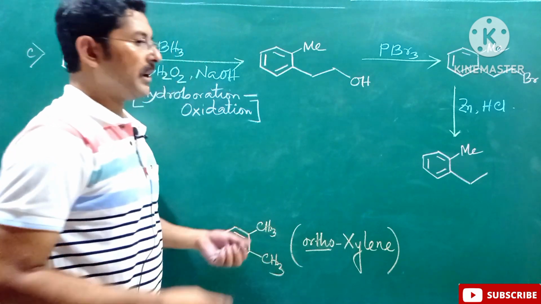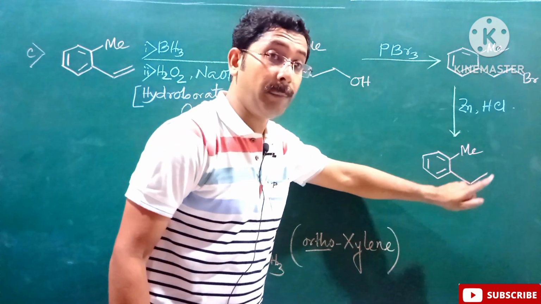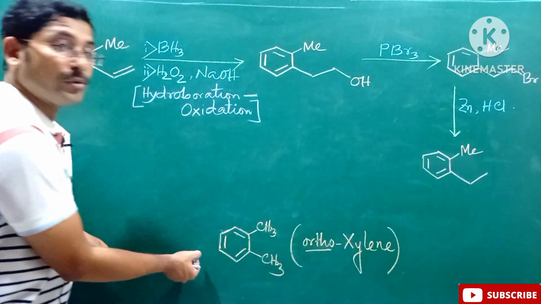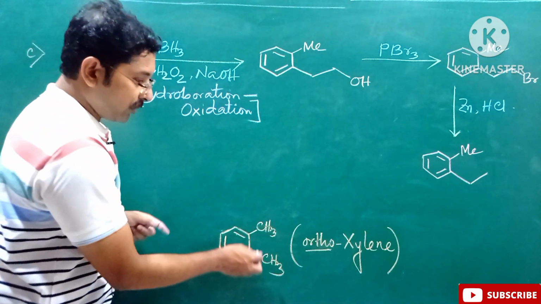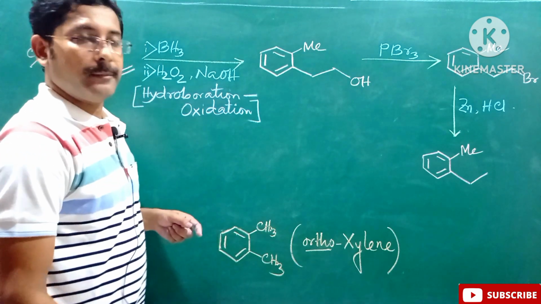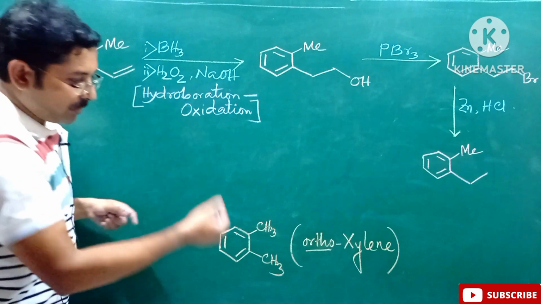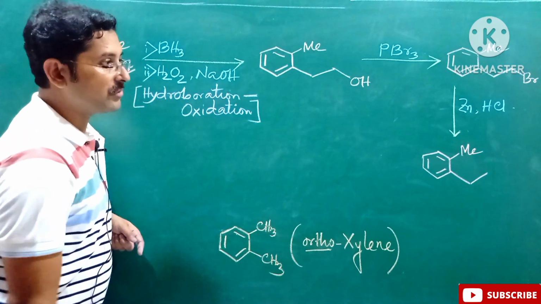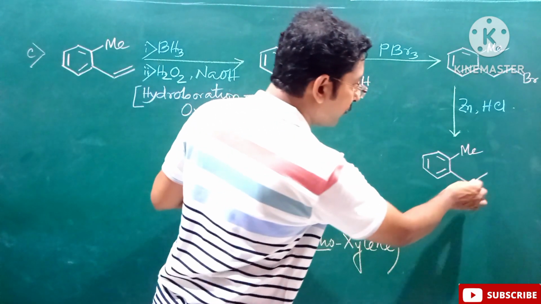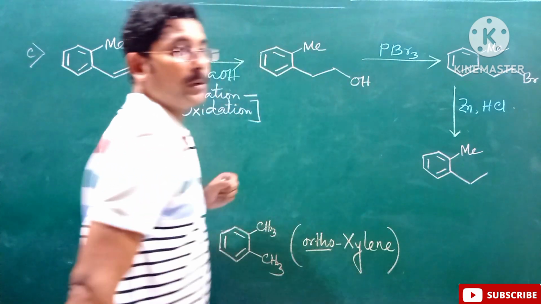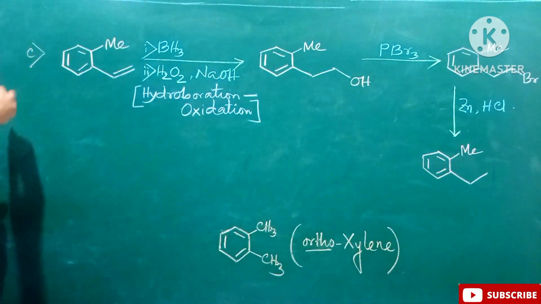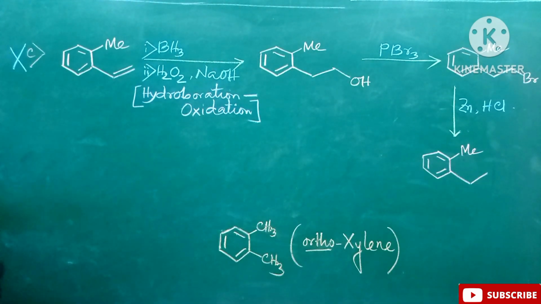So it is our end product, but obviously it is not orthoxylene, right? Orthoxylene contains two methyl groups at the ortho position, but this molecule contains one ethyl and one methyl group.